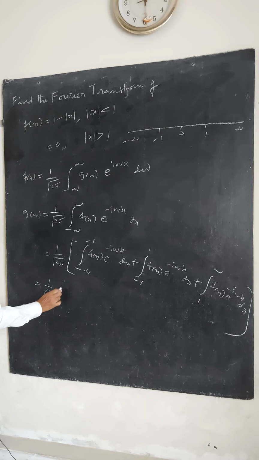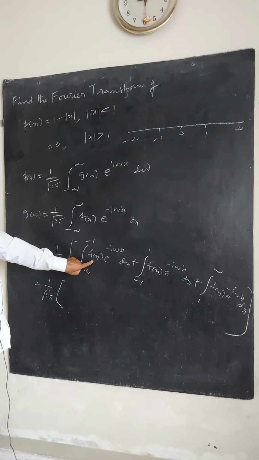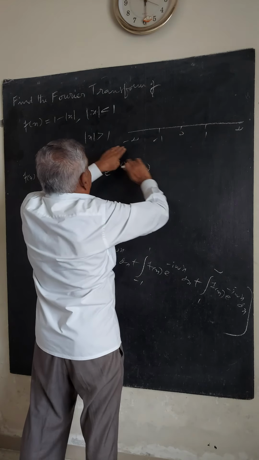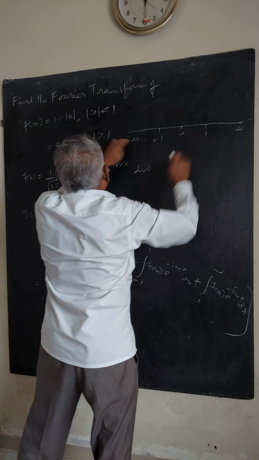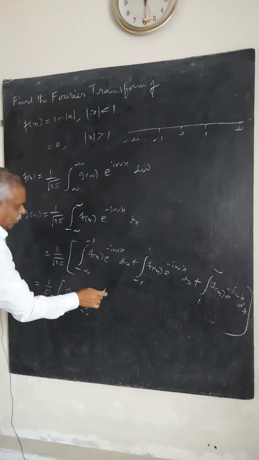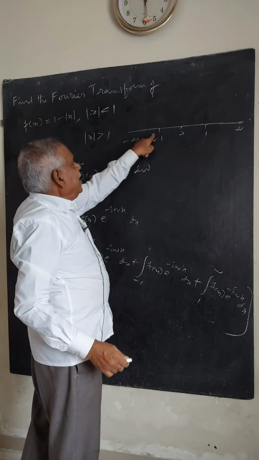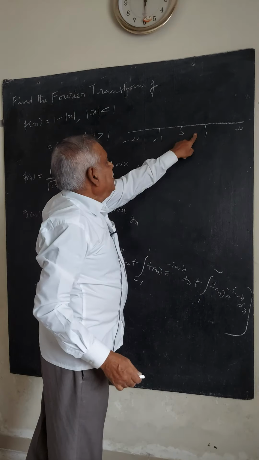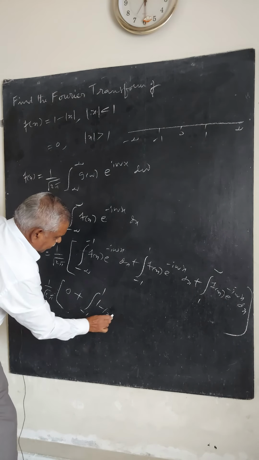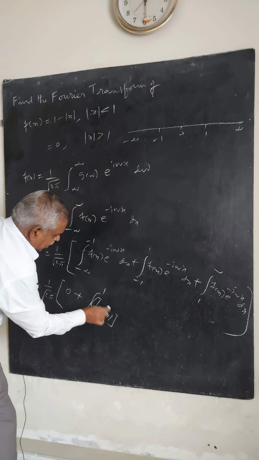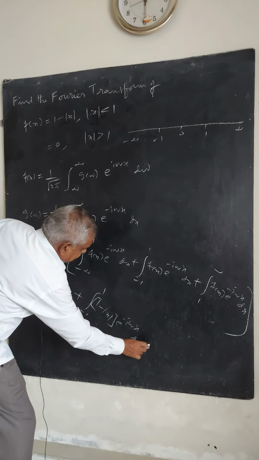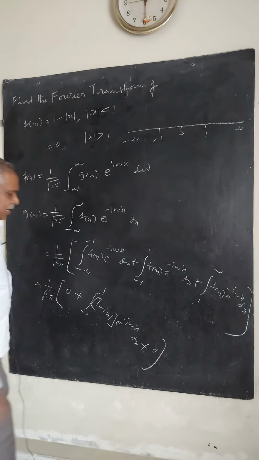This outer area will become 0. This denotes the outer areas, minus infinity to minus 1 and 1 to infinity, which will become 0. This is 0 plus minus 1 to 1. At this limit minus 1 to 1, we put the function 1 minus modulus of x in a bracket, e power minus i omega x dx, plus the outer integral 0.